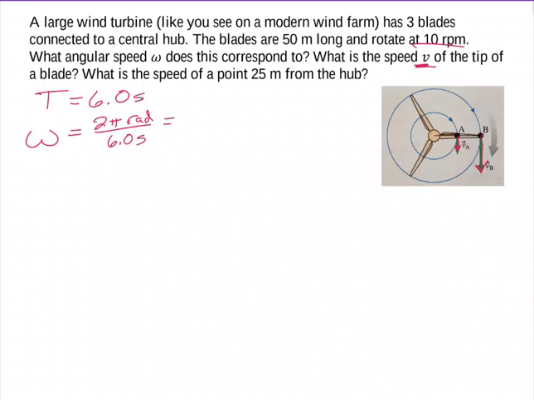What is it? 1.047, so we can call it 1.05 radians per second. Seems about right. Now we can calculate the velocity of point B and the velocity of point A.